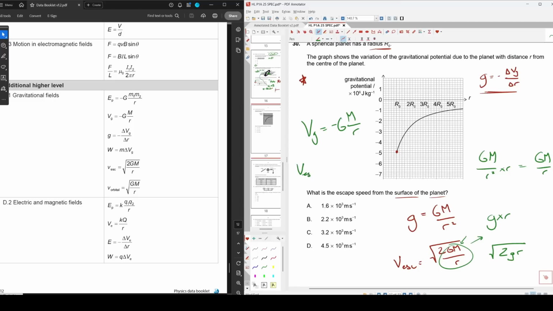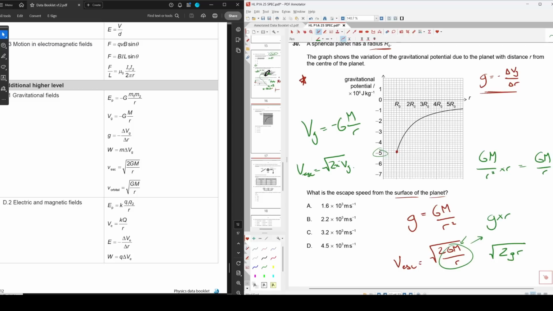So the escape speed is the square root of 2 times Vg, with some kind of weird negative, but who cares? Vg is negative itself. So it's 2 times negative Vg is what this is. Yeah. Okay, this is better.